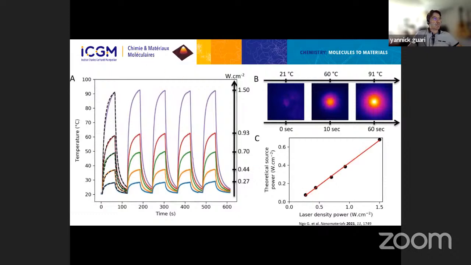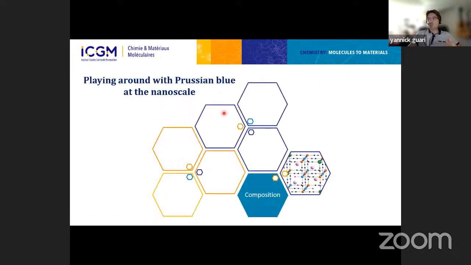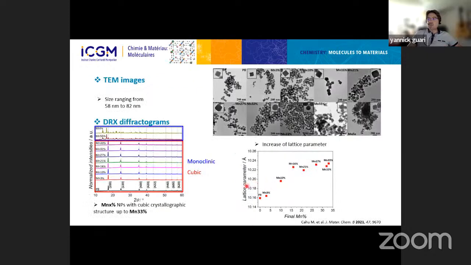So we can play with this property by modifying the composition of the Prussian blue, which is the last part of my presentation. We synthesized a series of Prussian blue nanoparticles with an increasing amount of manganese, up to 33% of added manganese. The structure remains the same, cubic, while the lattice parameter increases.